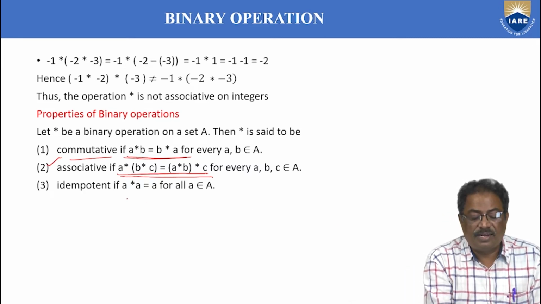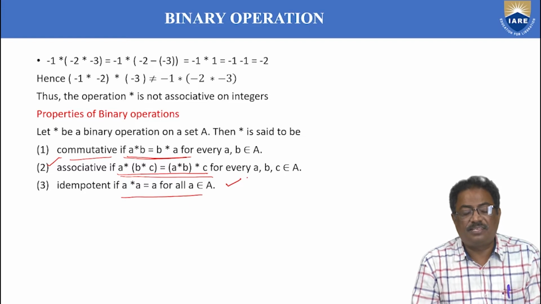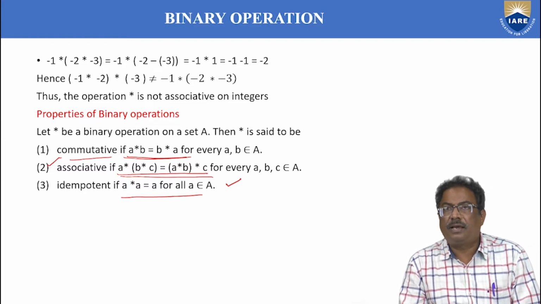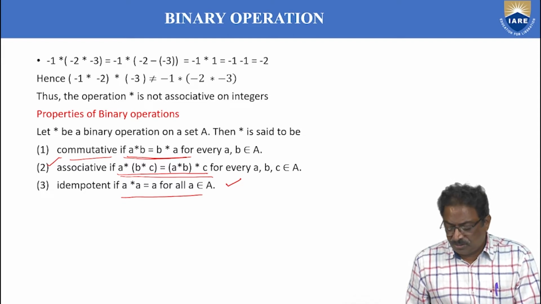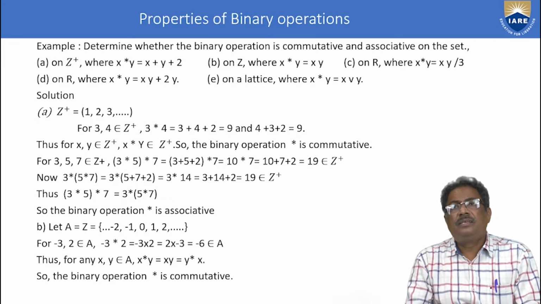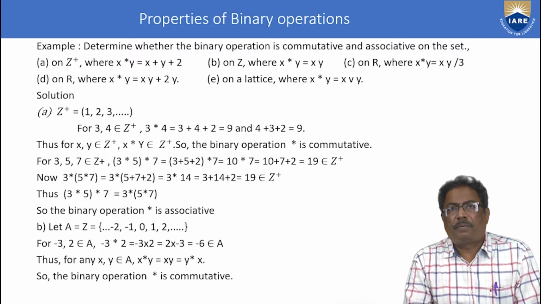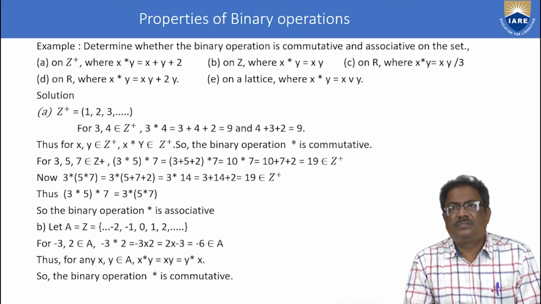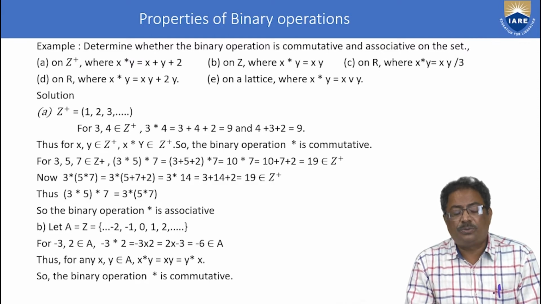And whereas if it satisfies this, then the binary operation is idempotent. So these are some of the properties that we discussed, and on whether a binary operation is commutative or associative, we are going to discuss some more problems.